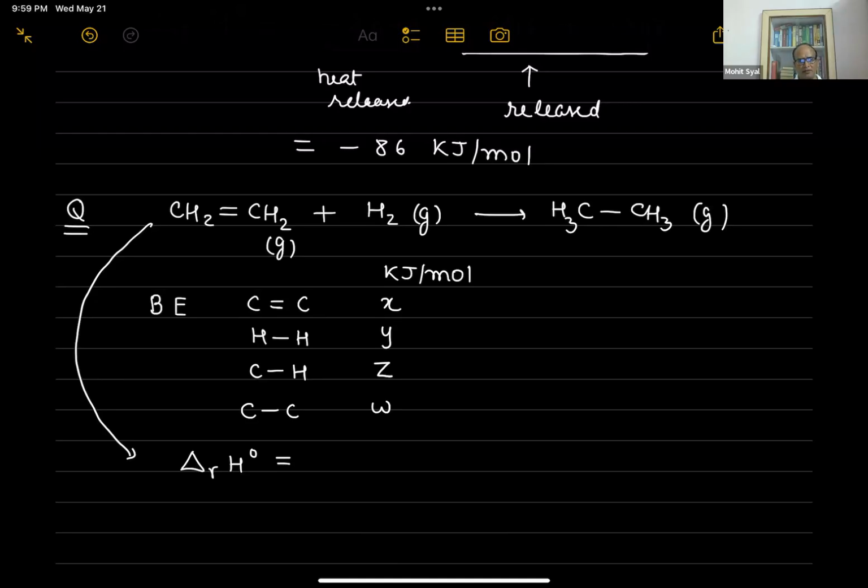I hope you understood my question. I'm not giving the values, I have just given you X, Y, Z, W. So you can directly use those.